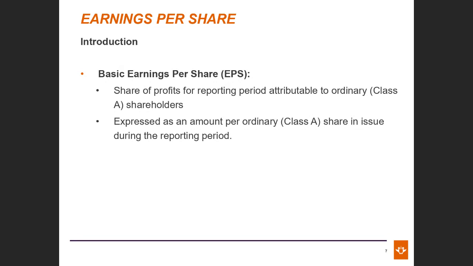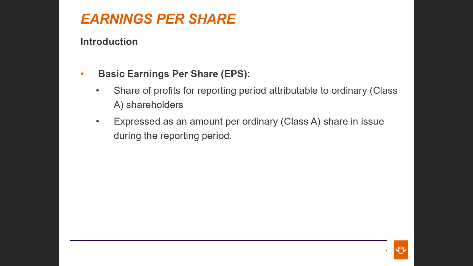But specifically, when we're looking at our earnings per share ratio, it is the share of profits for the reporting period attributable to ordinary shareholders. So it is not the share of profits attributable to preference shareholders. Keep this in mind, because later on we're going to have to consider preference shareholders and how that will affect the calculation for our earnings per share.